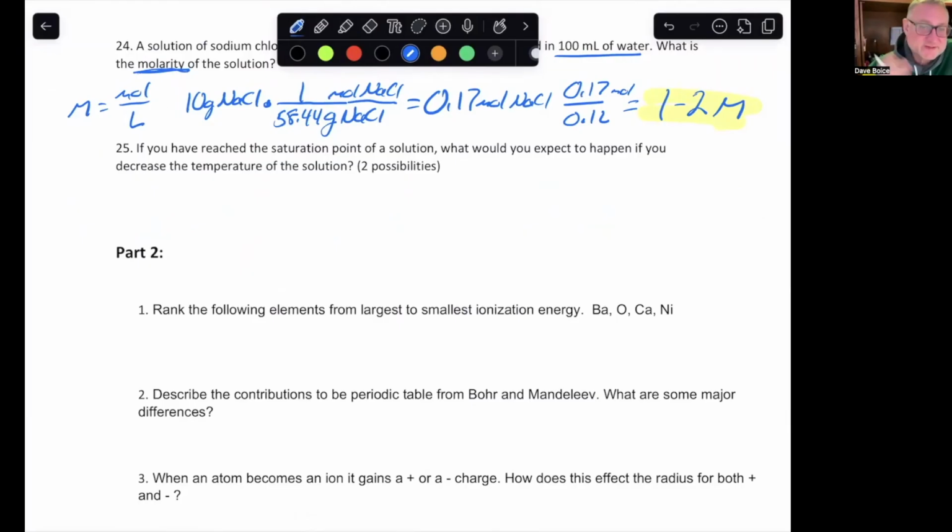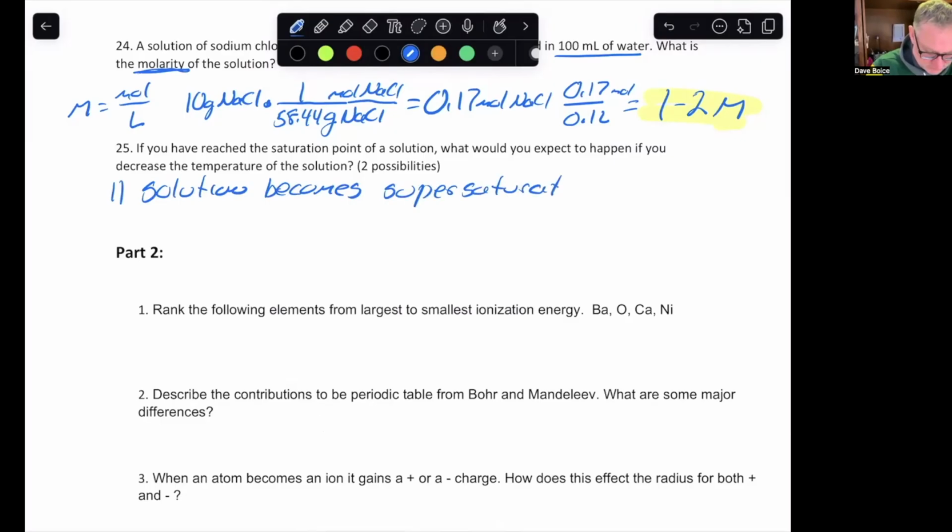Okay, if you reach the saturation point of a solution, what would you expect to happen if you decrease the temperature of the solution? There are two possibilities. Possibility number one is the solution becomes supersaturated.